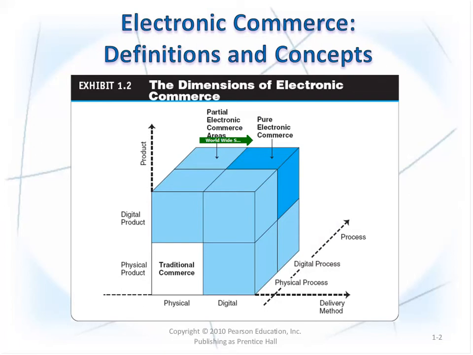In the horizontal line we have the delivery method, and in the vertical line we have the product. So in traditional commerce we have physical products, and our product is physically delivered to the end user, or to the customer, or to our partner.